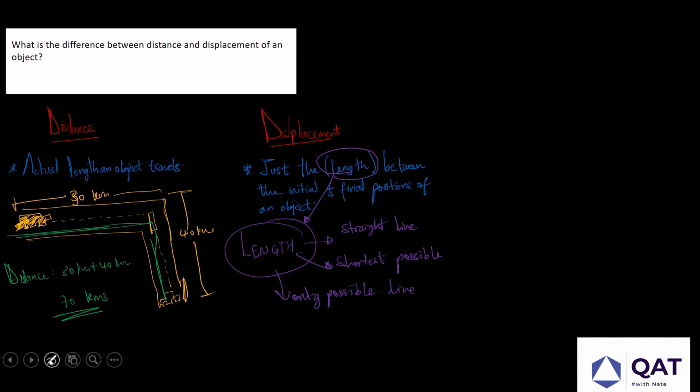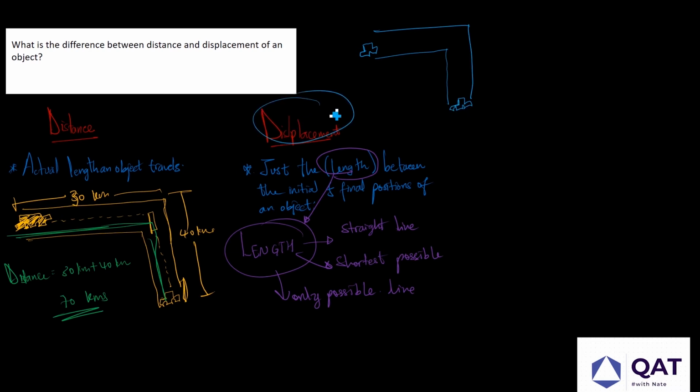Why I'm saying this is because if we duplicate this path here, the car started to move from here, right? And it stopped here. When we talk about displacement, we don't need to consider all the paths it traveled. We just need to know where it started and where it stopped.